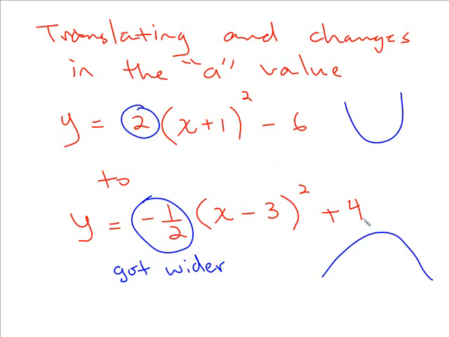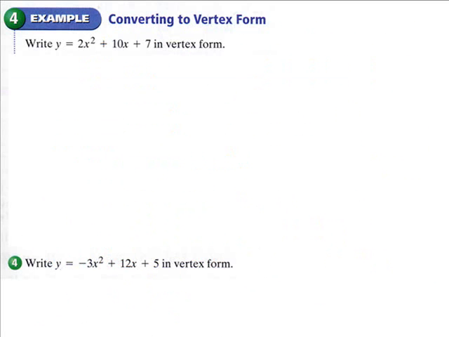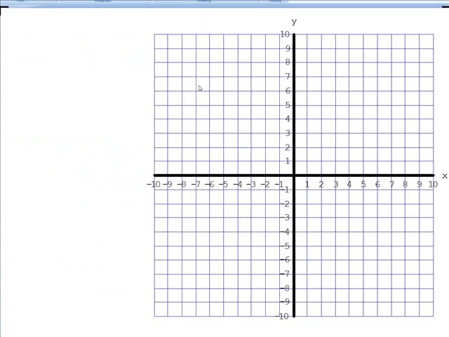Let me show you guys a graph real quick. Let's go back to our graph. For the first one, we have a U like this. The second one, we have a wider U like this, right? So if it was like this, and then it ends up like this, the parabola flipped across the x-axis right here.